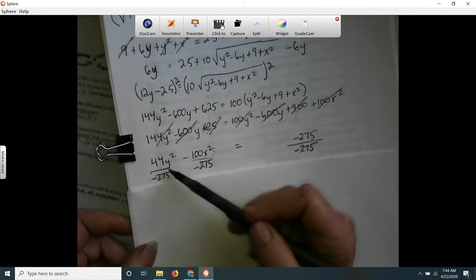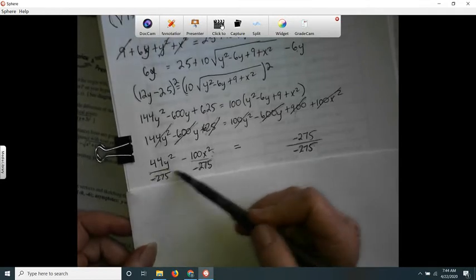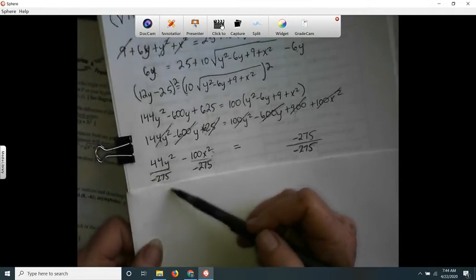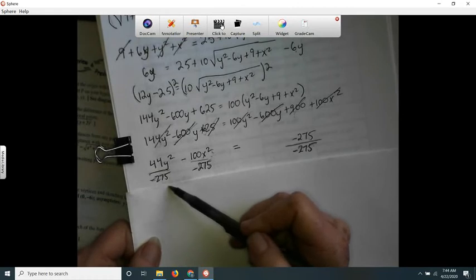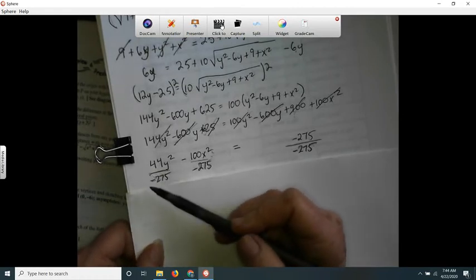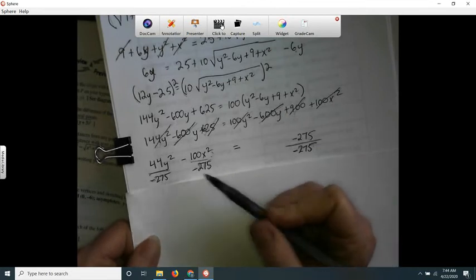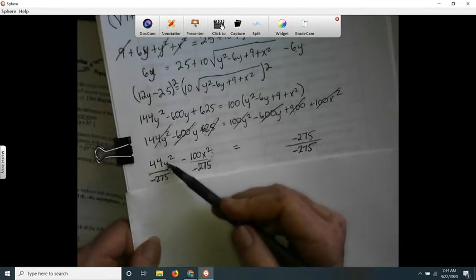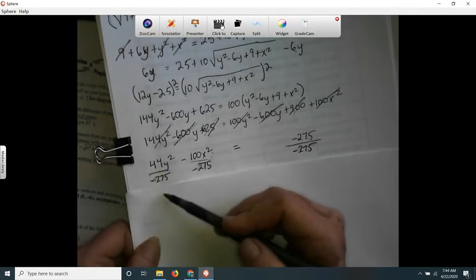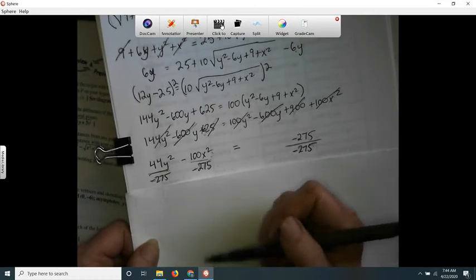This one, I want the y squared on top and some decimal thing on the bottom. So I want to divide the y squared by 44 over negative 275.